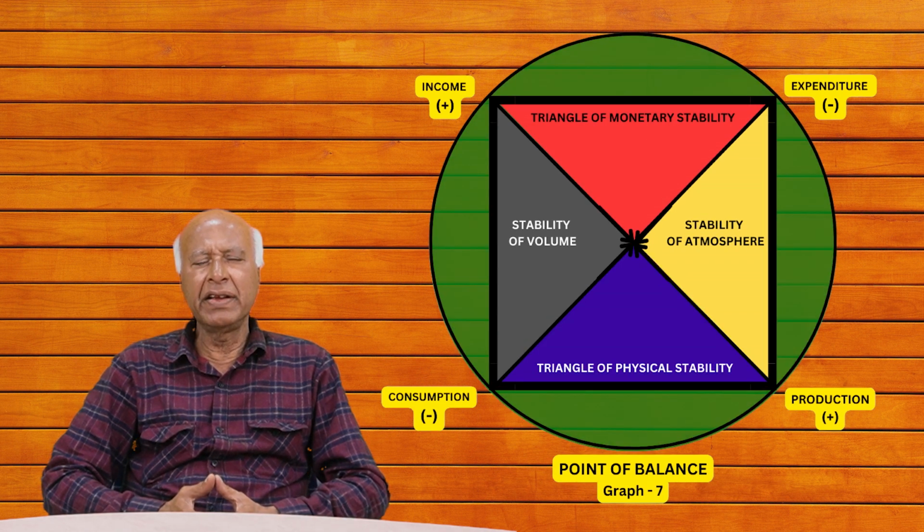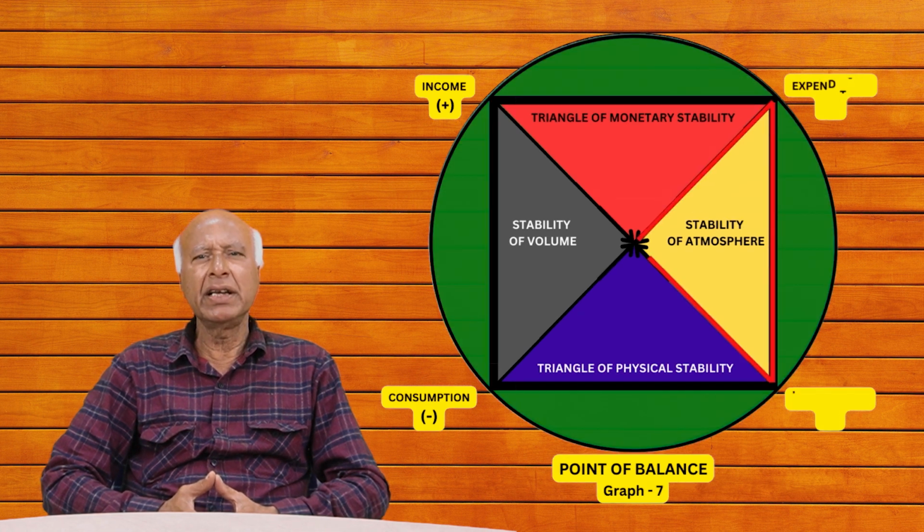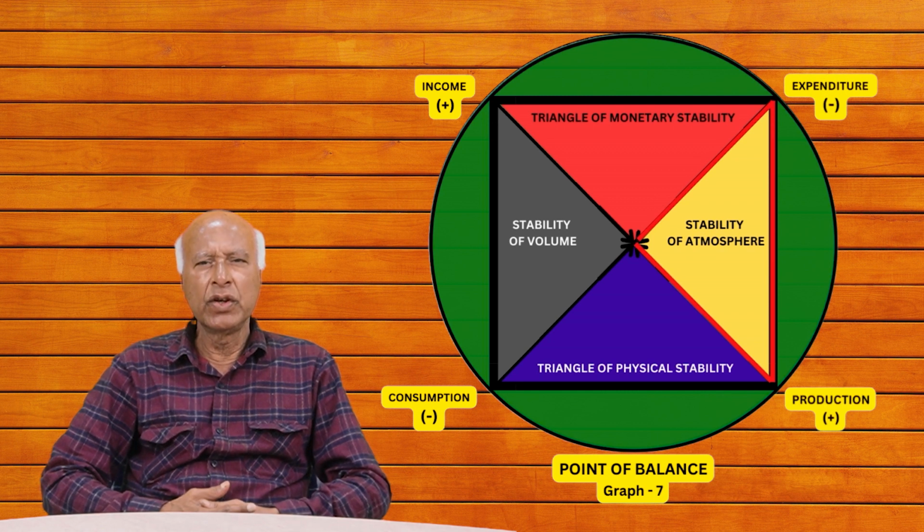Similarly, if we watch the triangle of stability of atmosphere, that is the supply atmosphere, the forces of supply mean growth in production as well as growth in expenditure.